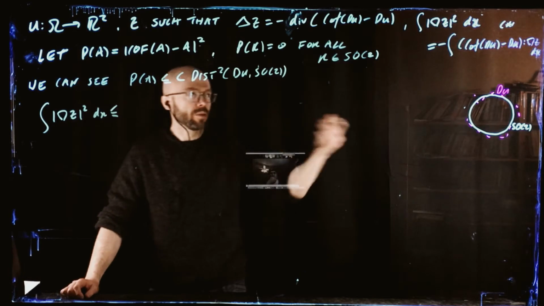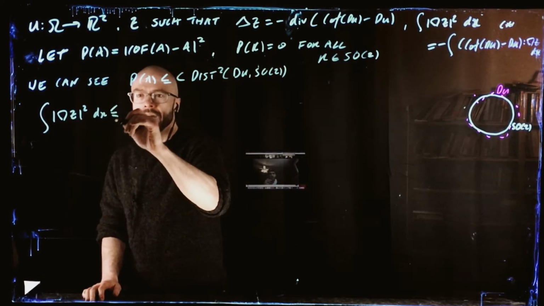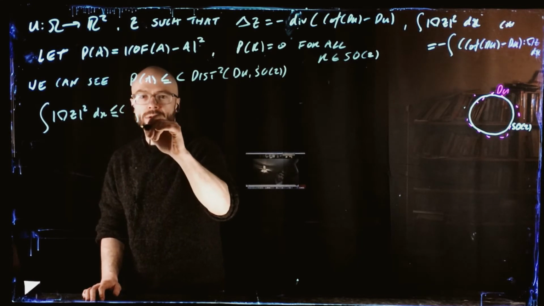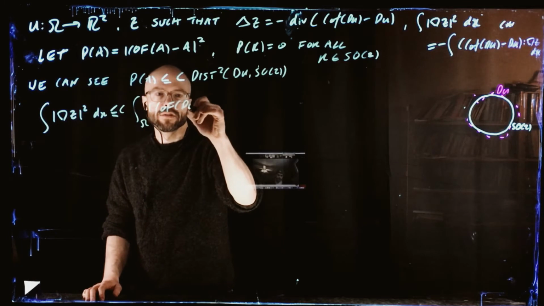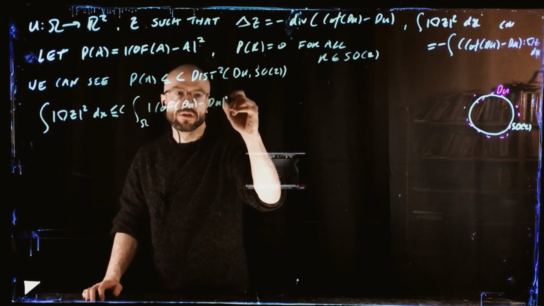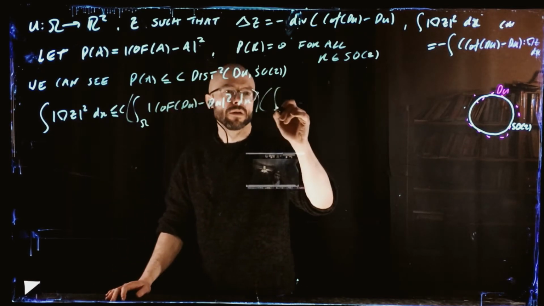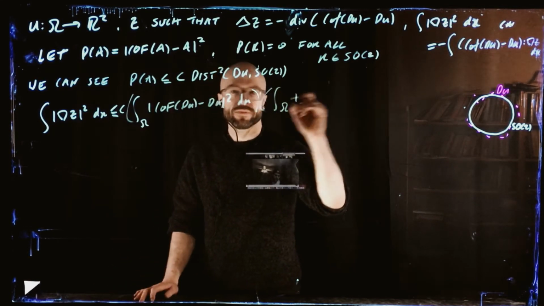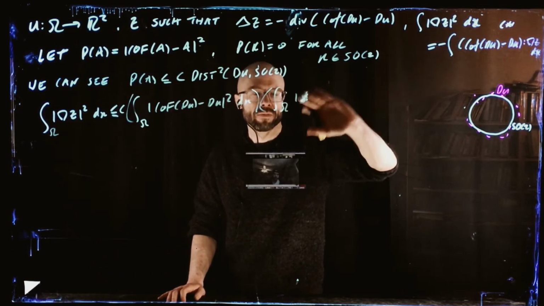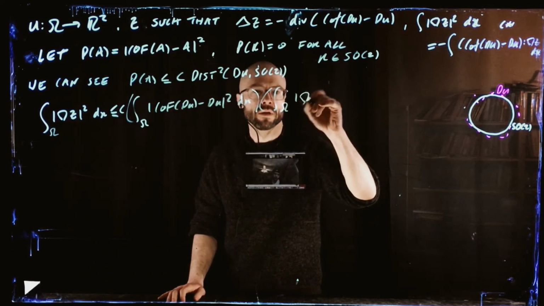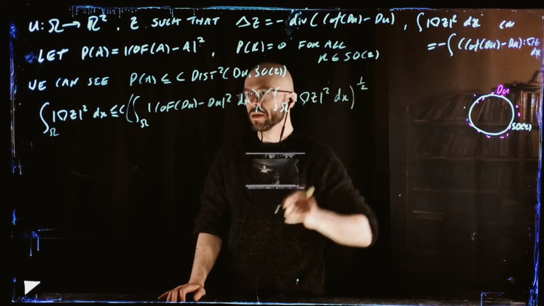If we apply Cauchy-Schwarz to this stuff right here, this is less than some constant times the integral over omega of the cofactor of the gradient of u minus the gradient of u, squared dx, like this.